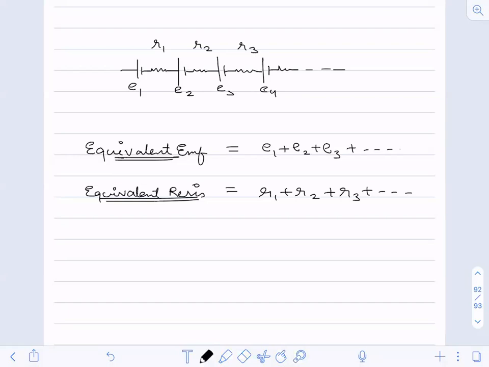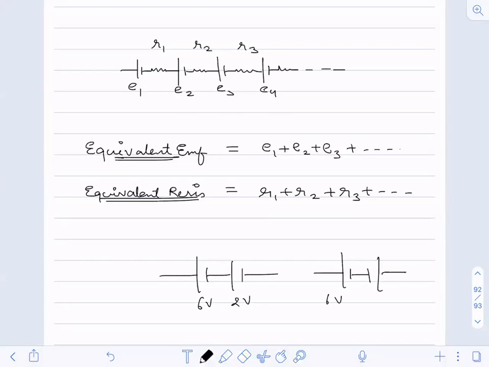in an additive sense. Additive sense means what? If you remember one example I had given you, this was 6 volt, this was 2 volt, and I had given you an example like this also.